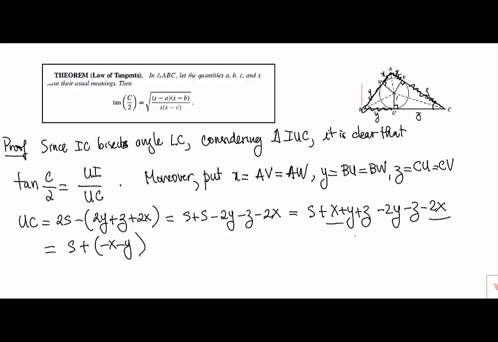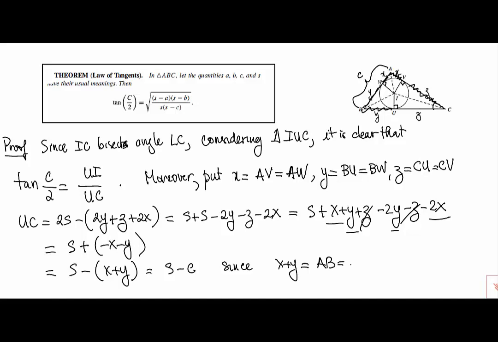This and this give us negative x, this and this give us negative y, and these two cancel each other out, and then we can factor the negative out. This shows that UC is actually s minus c, because x plus y is the measurement of AB, which is set to measure c.